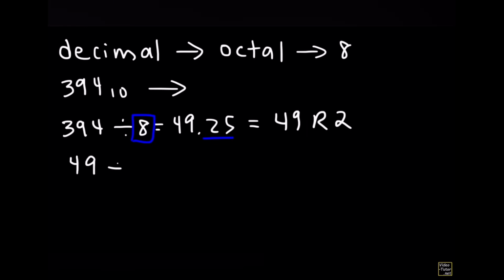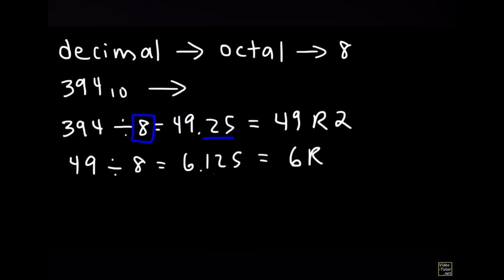And now take the 49 and divide it by 8. 49 divided by 8 is 6.125. So, this is going to be 6 remainder, and then multiply 0.125 by 8. So, 8 times 0.125 is 1. So we have 6 remainder 1.